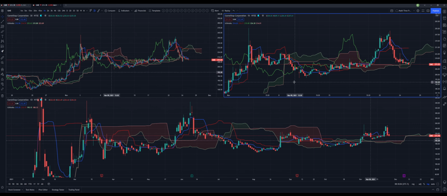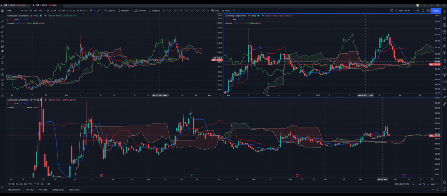Broadly speaking, yes, it's in an uptrend on the very high time frames, and similarly on lower time frames. But what would have alerted us to the fact that something big was coming for GameStop?